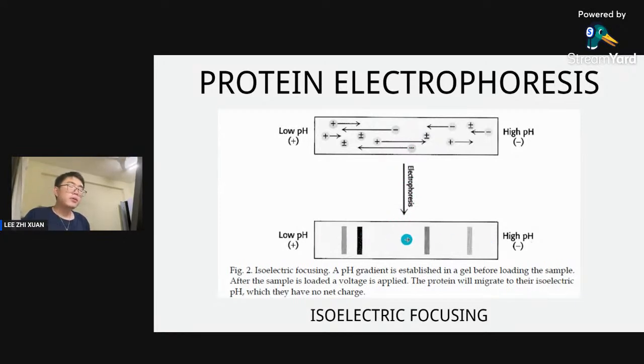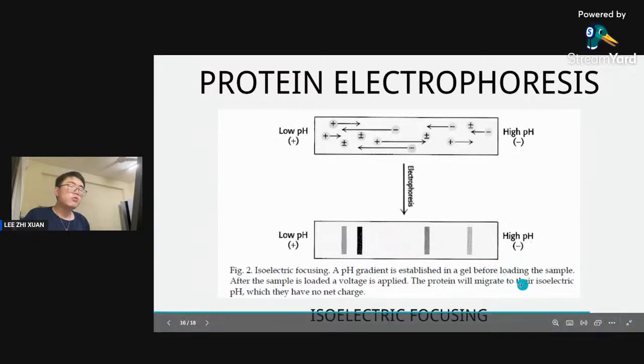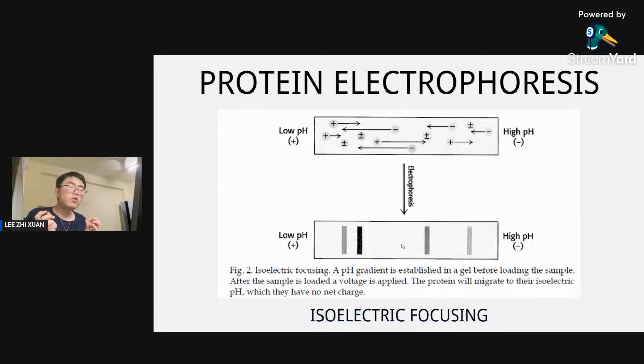The protein will migrate to the isoelectric pH, where it has no net charge, meaning there is no net charge at all.